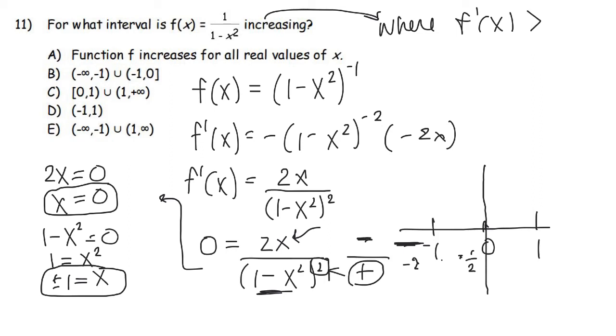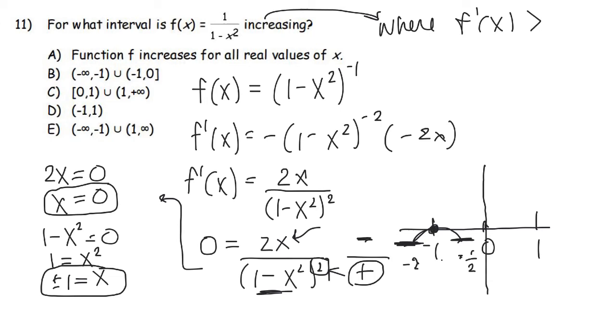If I plug in negative 1/2 on the top, negative 1/2 times 2 is still a negative, so a negative divided by a positive. So we're still negative here. So my derivative is staying negative here. So it's really doing something down here, and it'll just touch that, but it continues. It's still doing something like that.